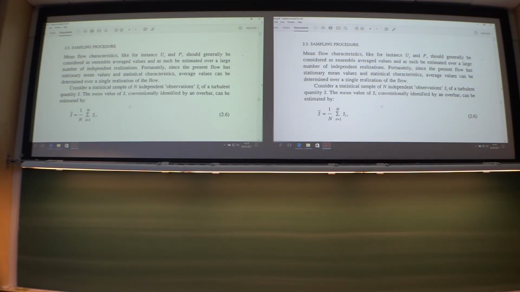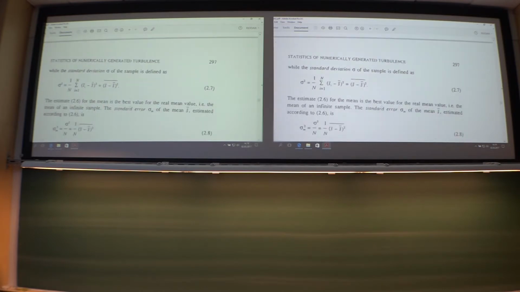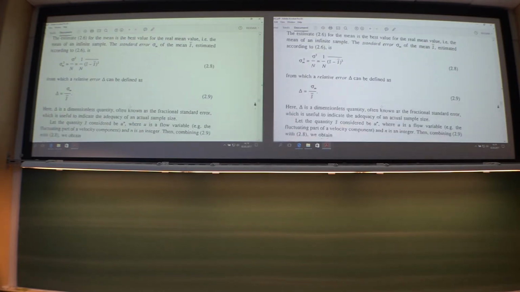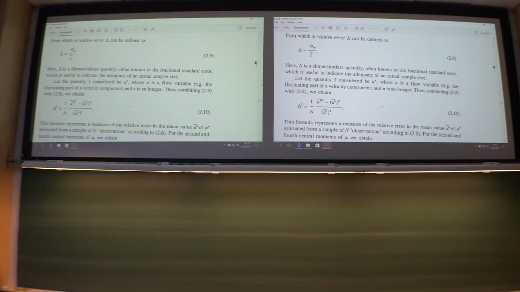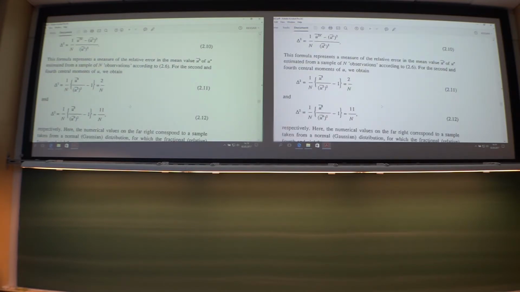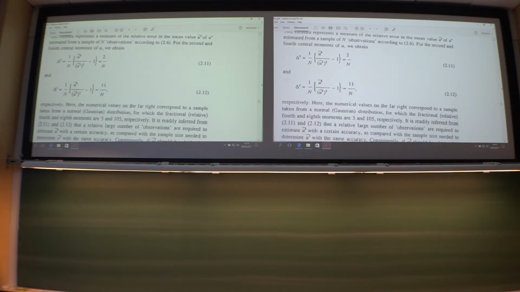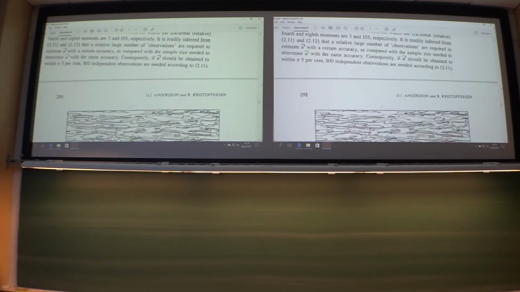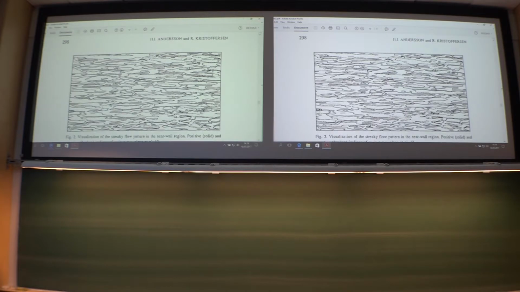Now the problem is, what quantities are you looking at? So here, a little calculation. If you want the first order statistics, meaning the average velocity.